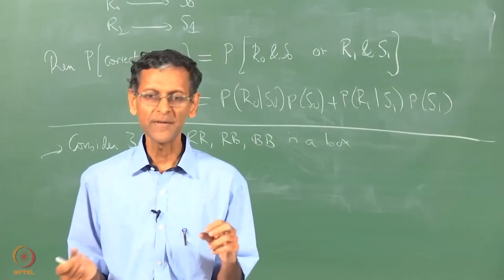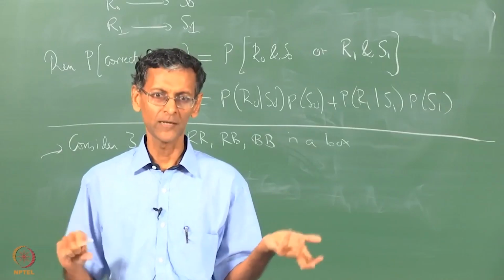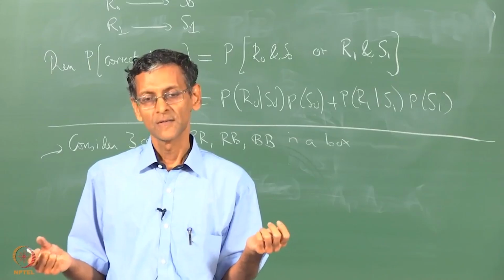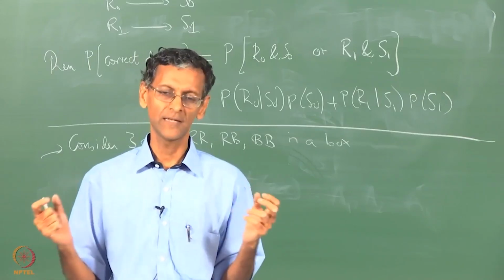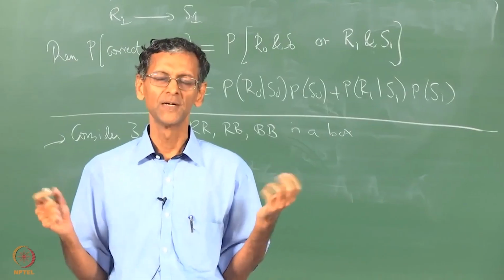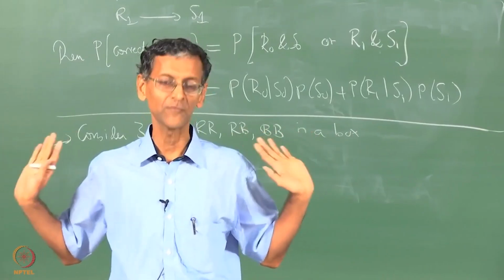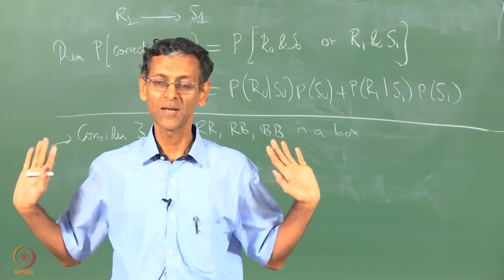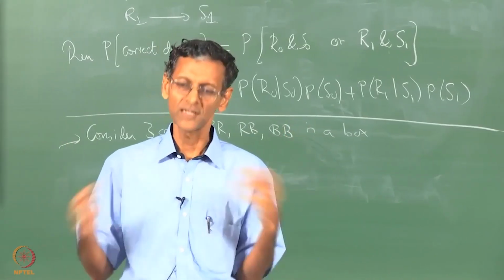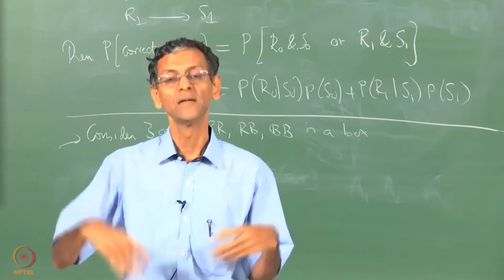RB is one side R, the other side B, and BB is both sides B. Supposing you take one card out of the box at random, then throw it in the air, with your eyes closed. Or somebody does it and you do not get to see what they are doing, or assume that the experiment is in fact done randomly.